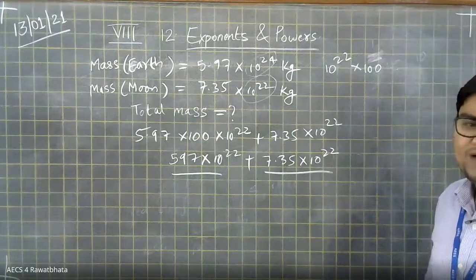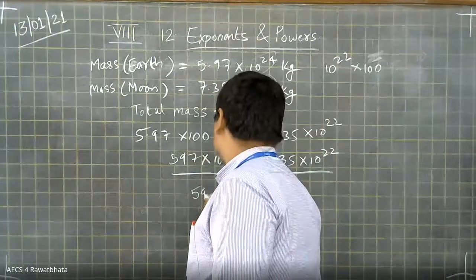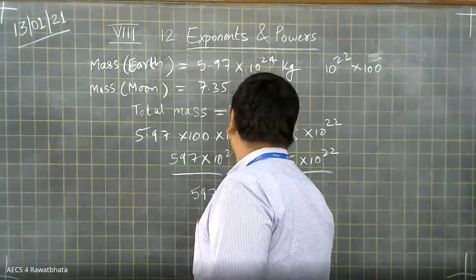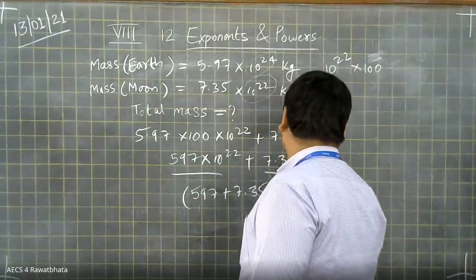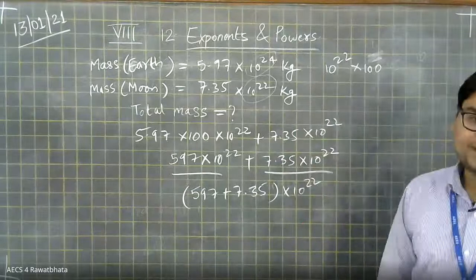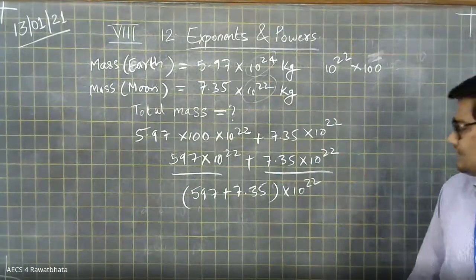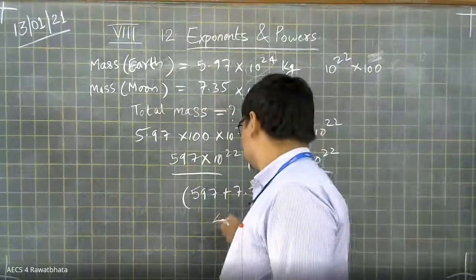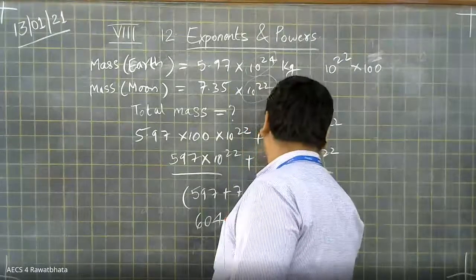So we can take out 10 to the power 22. So 597 plus 7.35, into 10 to the power 22. Now 597 plus 7.35 is 604.35 into 10 to the power 22.